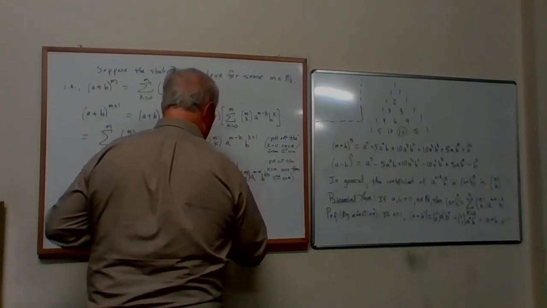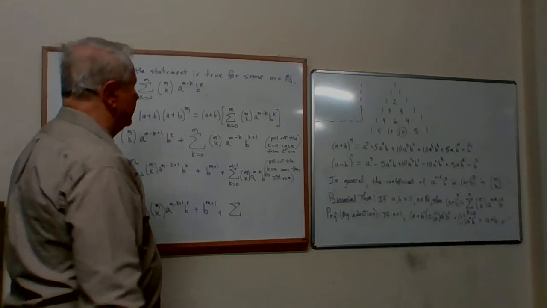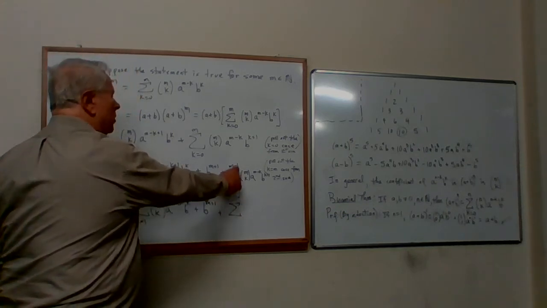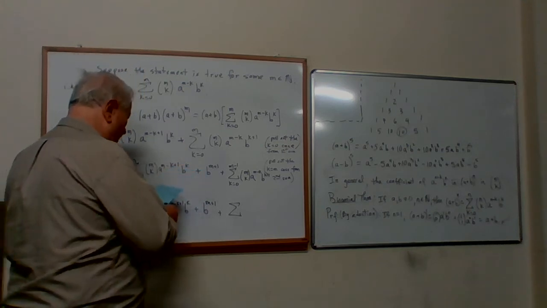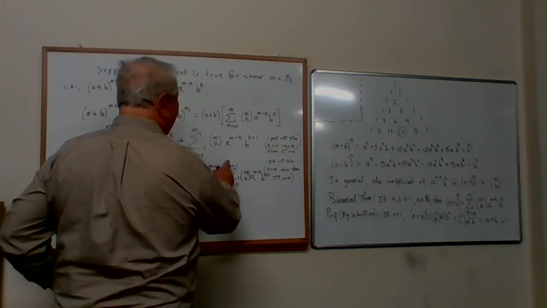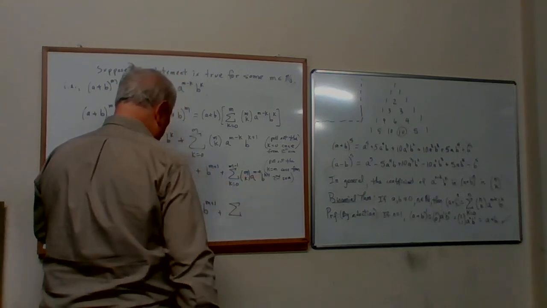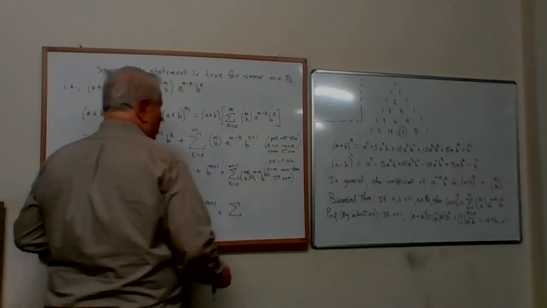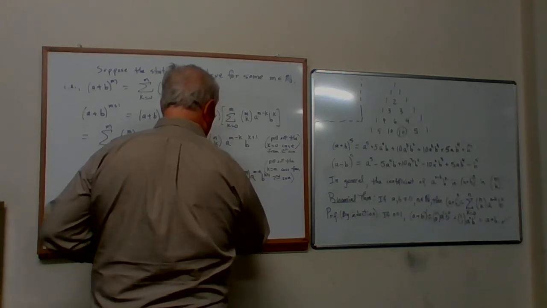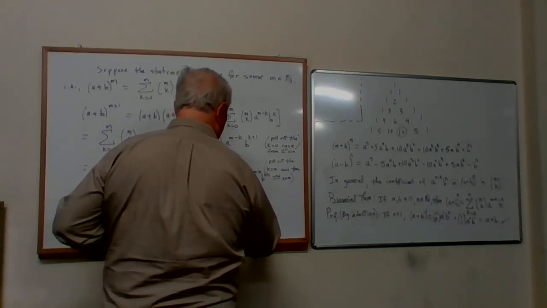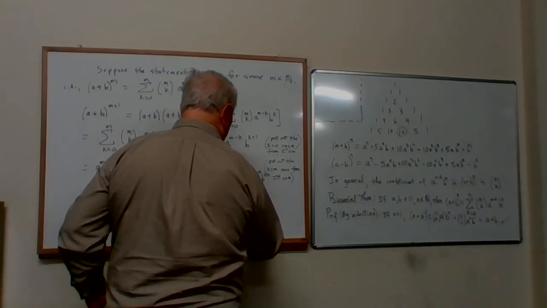what I'm going to do, this is another little sneaky trick. Instead of summing from k equals 0 to m minus 1, I'm going to sum from k equals 1 to m, but I'm going to cut all of the k's down by 1. So this is going to be the sum from k equals 1 to m of m choose k minus 1.